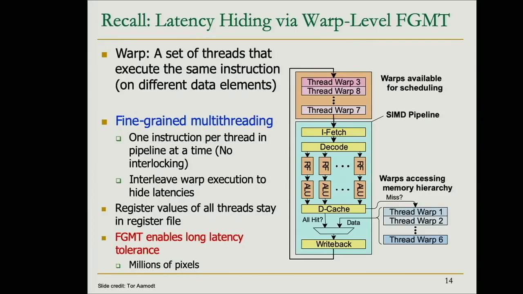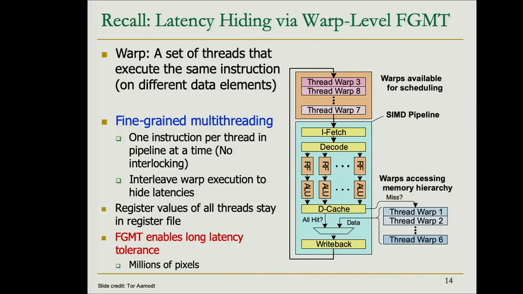We need to read from the register file the operands of the arithmetic operation, for example, that we're going to execute, and then we have our ALUs, which are these multiply-add and multiply units. Then we have a data cache, the L1 cache.